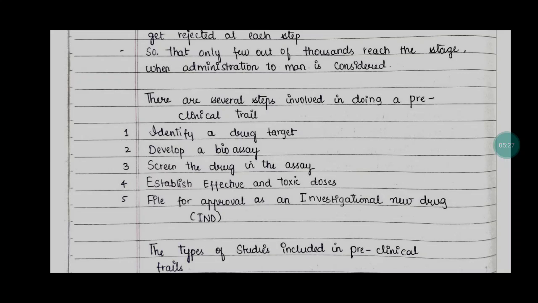There are several steps involved in doing a preclinical trial: identify a drug target, develop a bioassay, screen the drug in the assay, establish effective and toxic doses, and file for approval as an investigational new drug, that is IND.